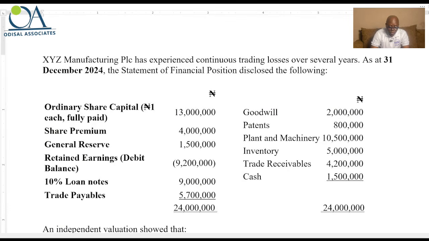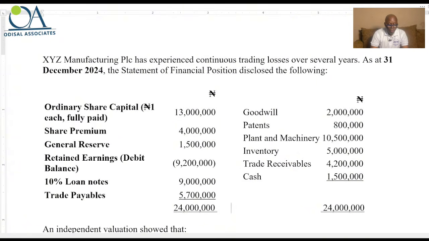So I have this question that I want to solve on capital reduction account. XYZ Manufacturing PLC has experienced continuous trading losses over several years. As at 31st December 2024, the statement of financial position disclosed the following.